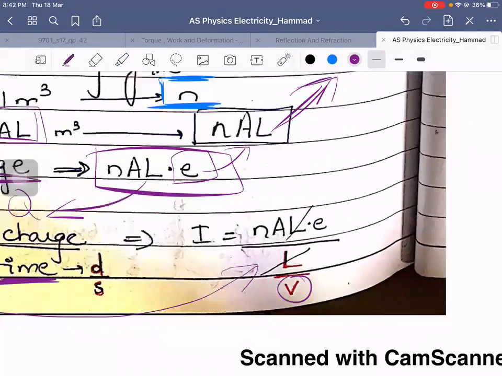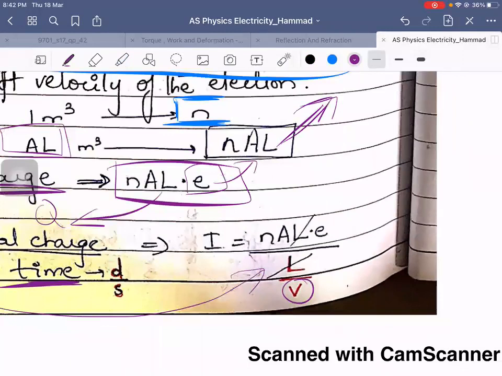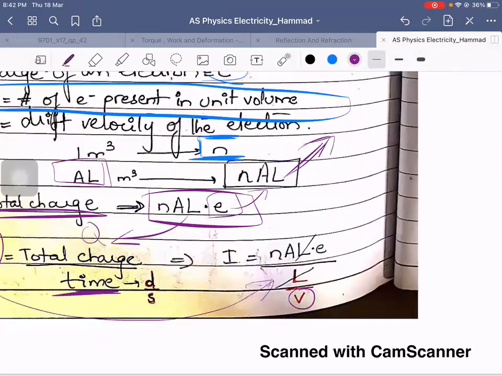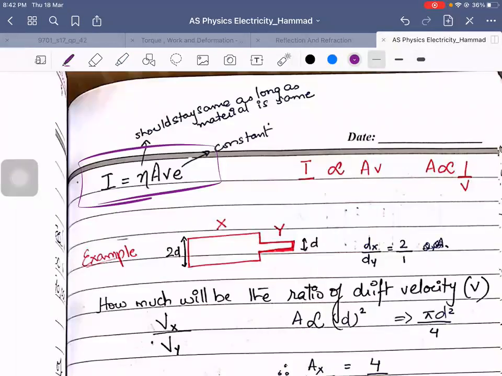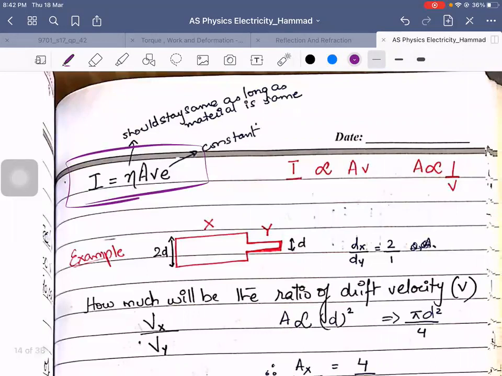Rearranging the formula, I get I is equal to NAVE, where the drift velocity of the electron is directly proportional to the current. It is inversely proportional to the area. The charge of the electron and the number of electrons per unit volume stay constant, so I will not consider those two factors.